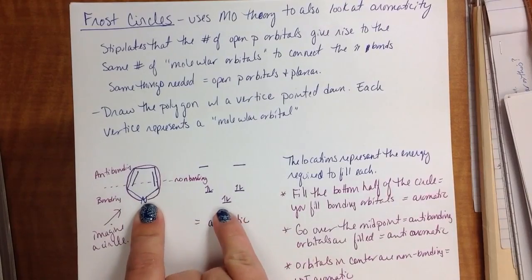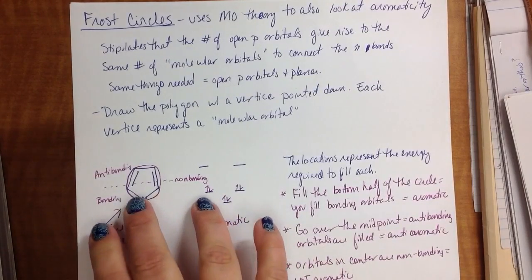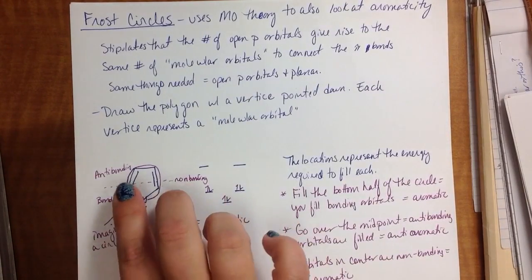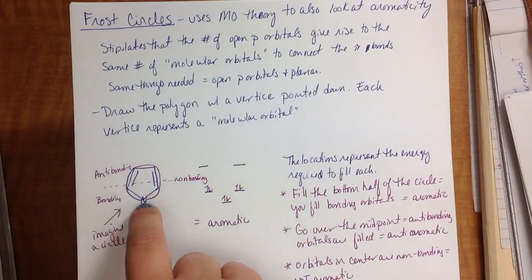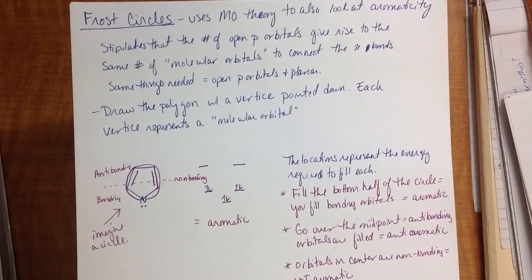So the nitrogen's right here, boom, boom, boom, boom, boom. There's 5 energy levels for the 5 different vertices there, or the 5 different p orbitals are giving rise to 5 different molecular orbitals, and in reality that's what's happening.